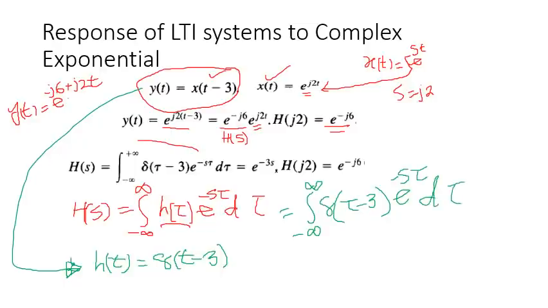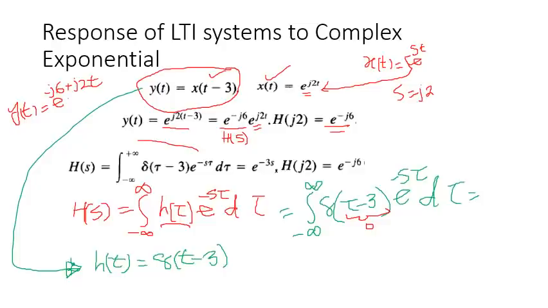So you understand the impulse is 0 from minus infinity up to infinity, except at the point where its argument is 0. At the point where its argument is 0, it has a non-zero value. So the argument will become 0 at tau equals 3. When tau equals 3, impulse of 0 will become 1, and e power minus s tau, right?